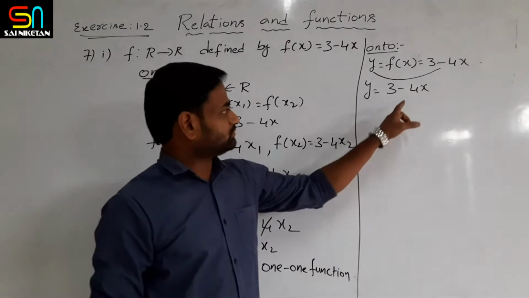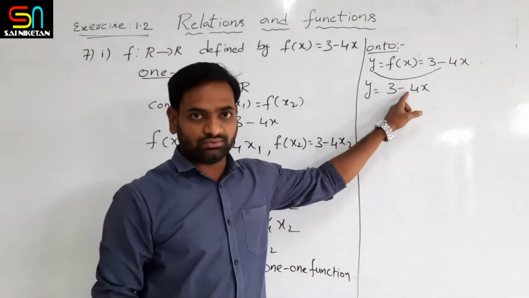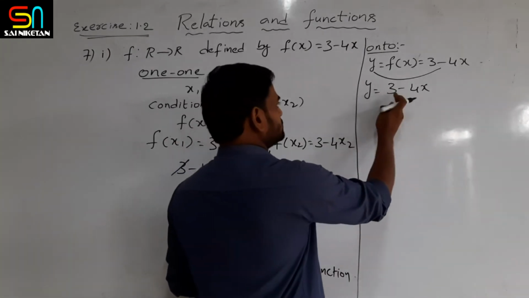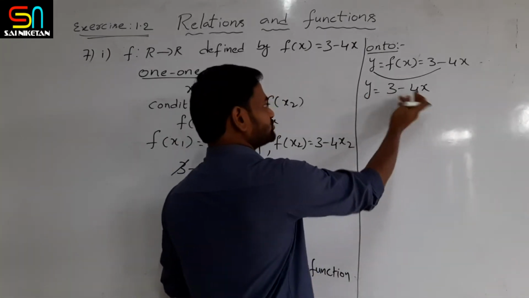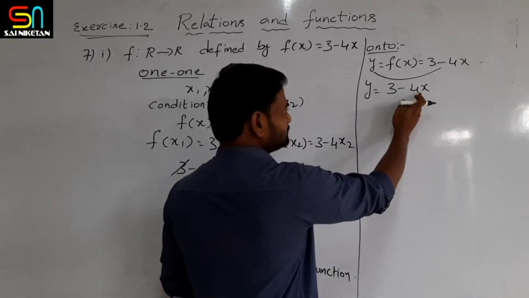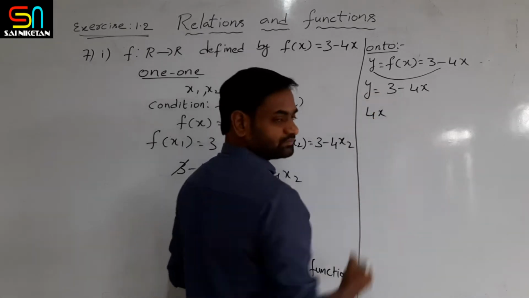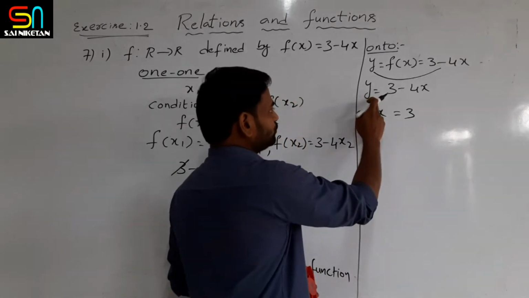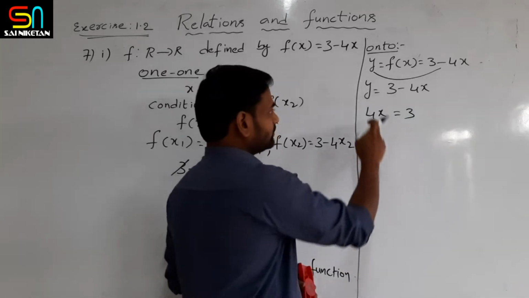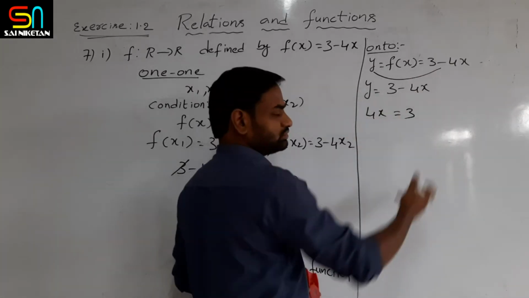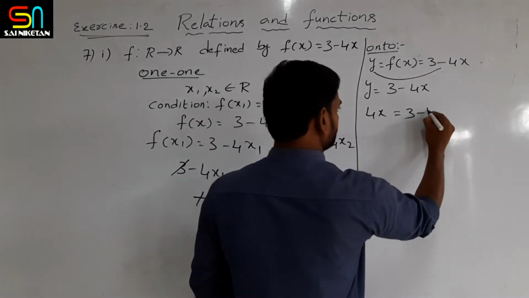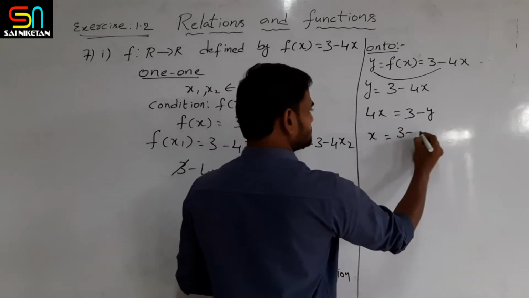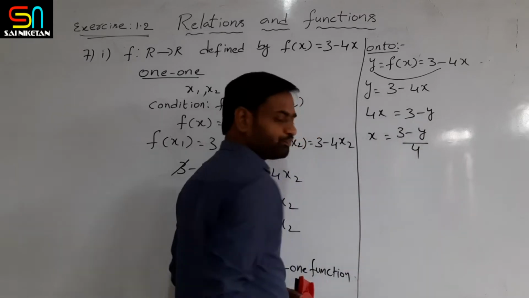So from this equation, we have to find the x value in terms of y. Okay. Now send this y to this side, 4x to this side. This -4x will be +4x = 3 - y. So that is, what is the x value now? x = (3 - y)/4.